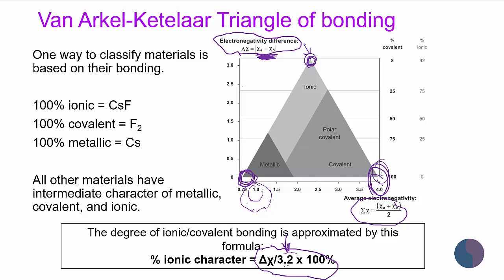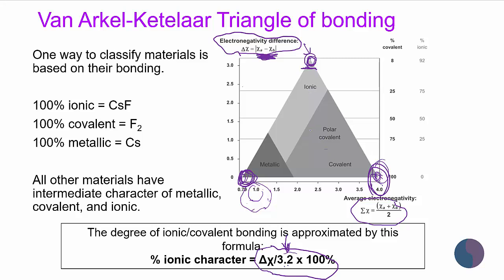Now, realistically, this is going to be the maximum for locked in place. This is going to be the maximum for electrons freely floating around the cations. And this is going to be the maximum for having electrons all go over to one side. So everything else is in between.